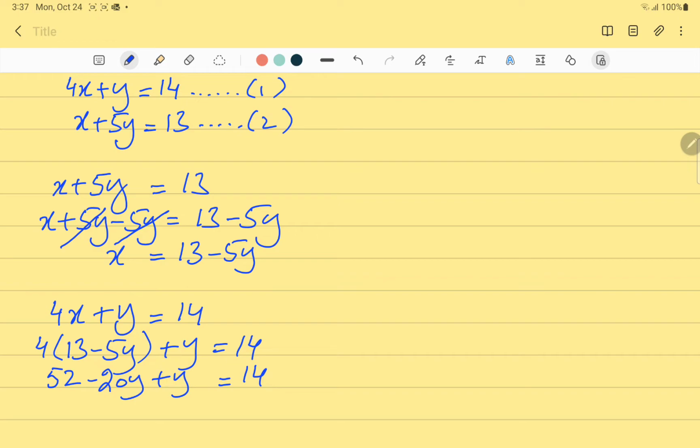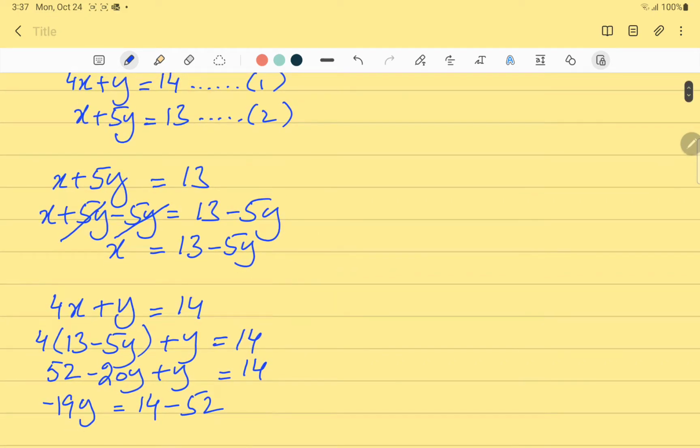Minus 20y plus y is minus 19y is equal to 14 minus 52, which implies that minus 19y is equal to minus 38. Dividing both sides by minus 19, we will get y is equal to 2.